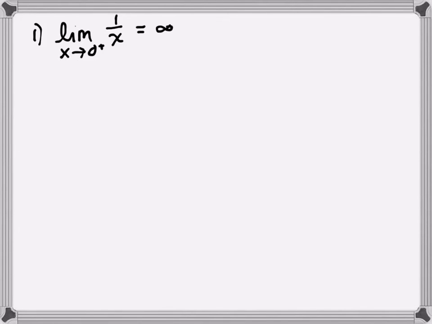So if our function f of x equaled 1 over x, and g of x also equaled 1 over x, well, when I subtract 1 over x minus 1 over x, I get 0. I don't have any problem with infinities, right? I get 0.